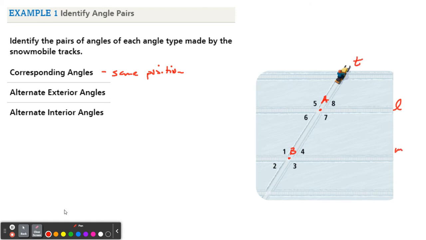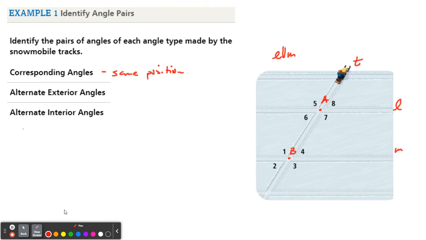We would say L is parallel to M. To find corresponding angles, I'm looking for angles that are in the same position at A and the same position at B. What I mean is, are they on the top left, top right, bottom left, or bottom right?